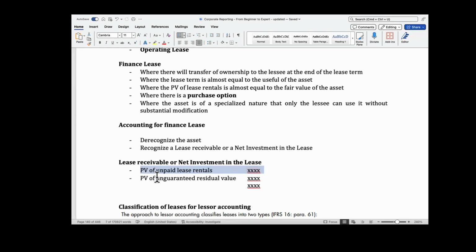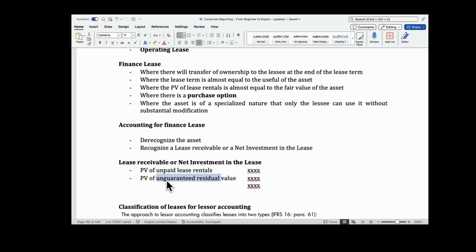So the unguaranteed part comes from the difference between how much the lessor believes he can sell the asset, like the 70K, minus the portion the lessee has guaranteed, which is 50K. So there is an unguaranteed part of 20K.